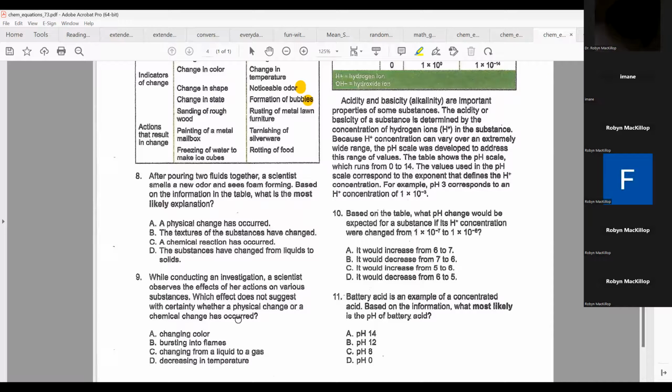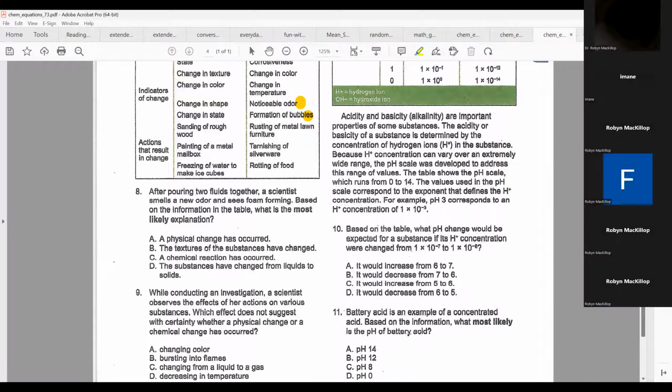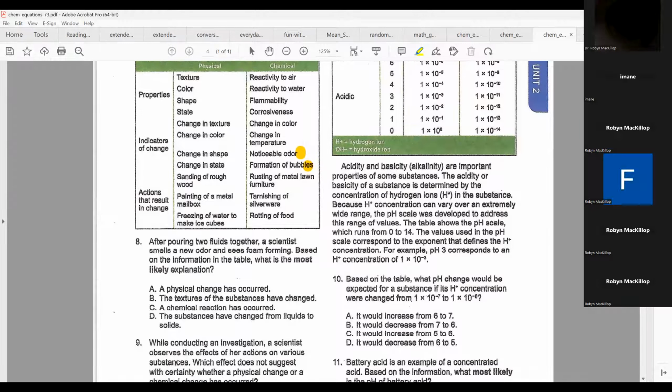It would have been much better if they said, how does she know if it was chemical or physical? Or does she know? What could happen where she's not sure? So we're looking at changing color, bursting into flames, liquid to gas, decreasing temperature. That means we have to come back up here. We're looking for something that happens in both.